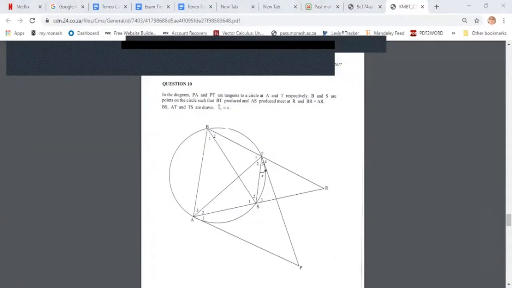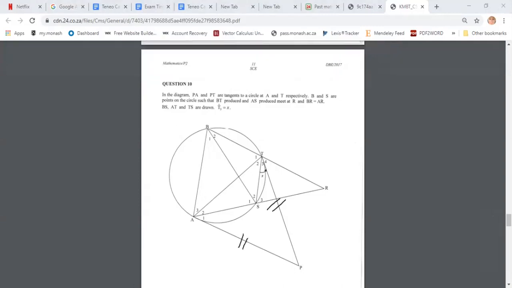Weird. In the diagram, PA and PT are tangents to the circle. So this equals this. And immediately when they say that, you know that this angle equals that angle. So just indicate it so that you know that.